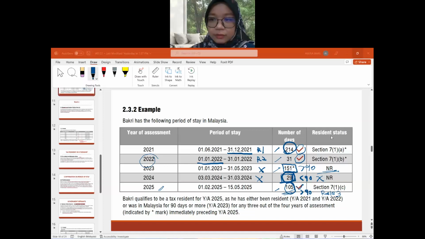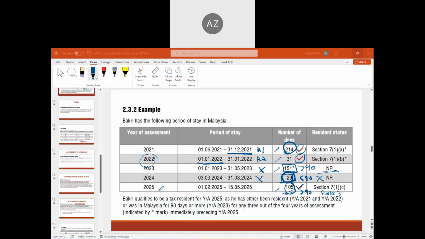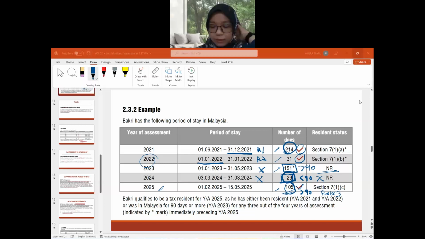For the second rule, the resident is in Malaysia for fewer than 182 days, and there's an exception for temporary absence. Okay. What is the exception?